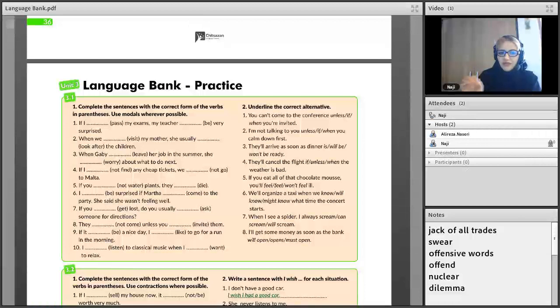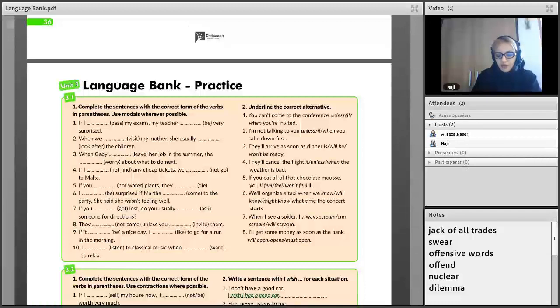Because here my teacher will be very surprised, we can also use should. If I pass my exam, the teacher will be happy. But because should gives a sense of something we don't expect to happen, it can also be used in this situation: if I should pass my exam, my teacher will be very, very surprised.